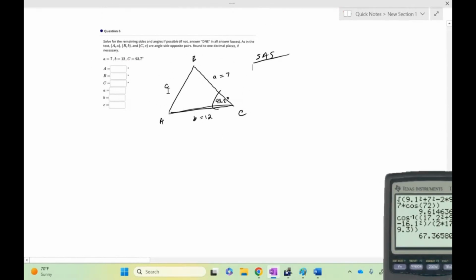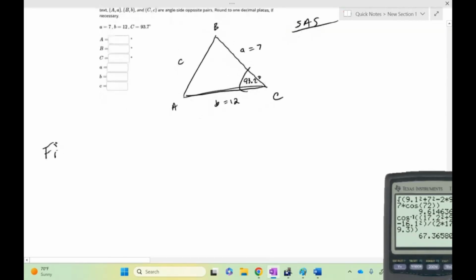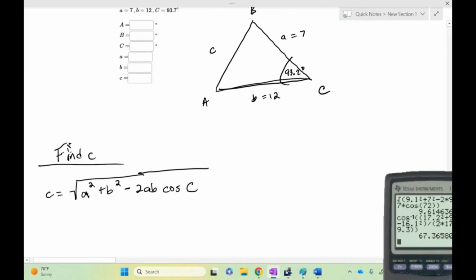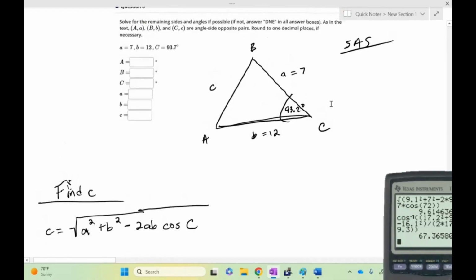The only thing I can find here is side C. So we're going to find C. So the formula is C squared is equal to A squared plus B squared minus 2AB times the cosine of C. So that's basically that pattern.